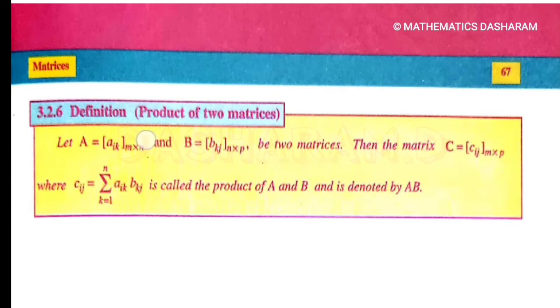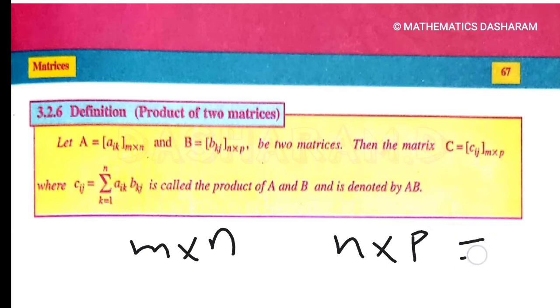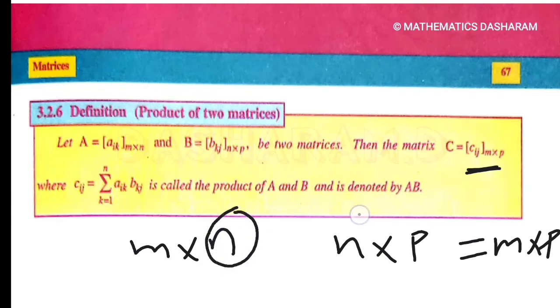Observe carefully: the first matrix is m by n, the second matrix is n by p, and the product matrix order is m by p. So the number of columns in the first matrix should be equal to the number of rows in the second matrix, then only the product will be possible, otherwise we cannot multiply the two matrices.